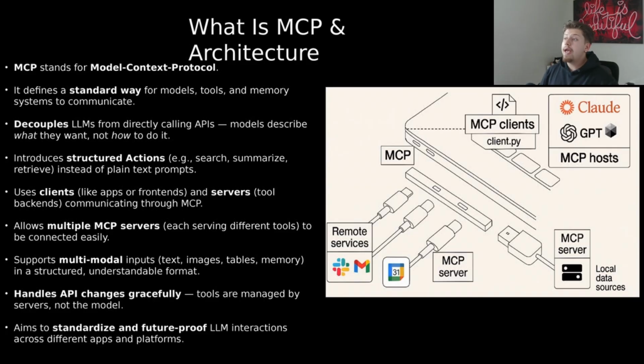And you can see MCP is very similar to USB, where you basically plug it into your system that has the necessary tools, in this case, it might be Slack, Gmail, your calendar, each of which is considered an MCP server, or even your local data sources are your MCP servers, that you plug all of them at once to your computer, I would say, your system, your LLM, right?